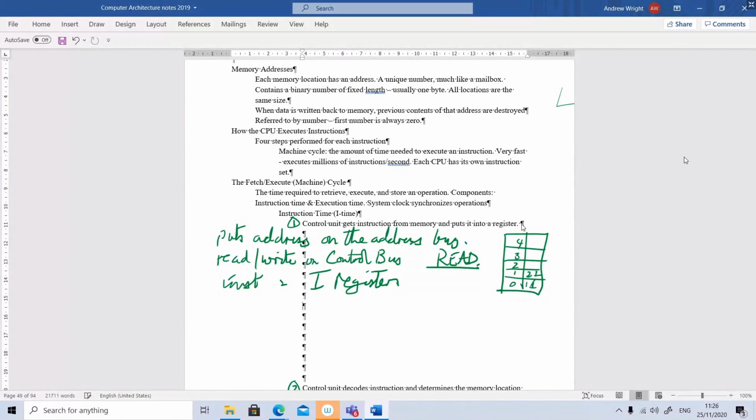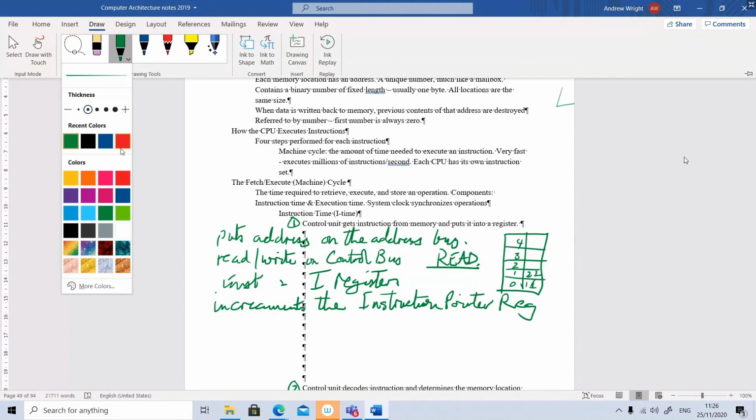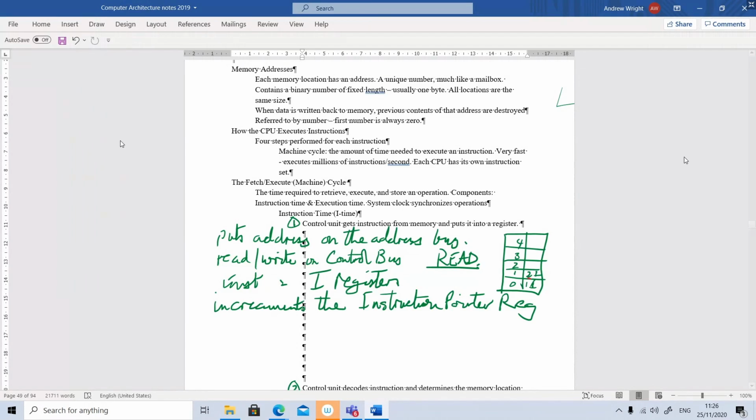It also, for interest, increments the instruction pointer register. Okay, so if we want to read instruction 1, we put a 0 on the address bus.